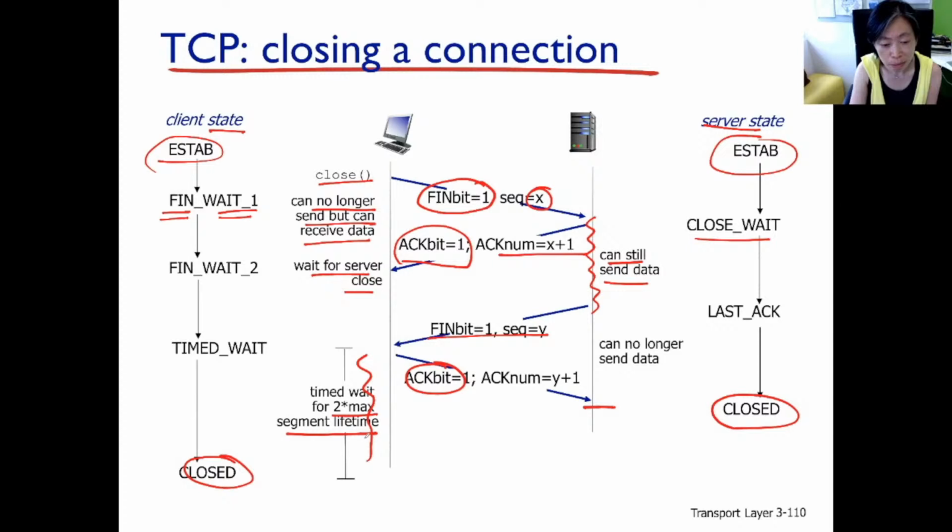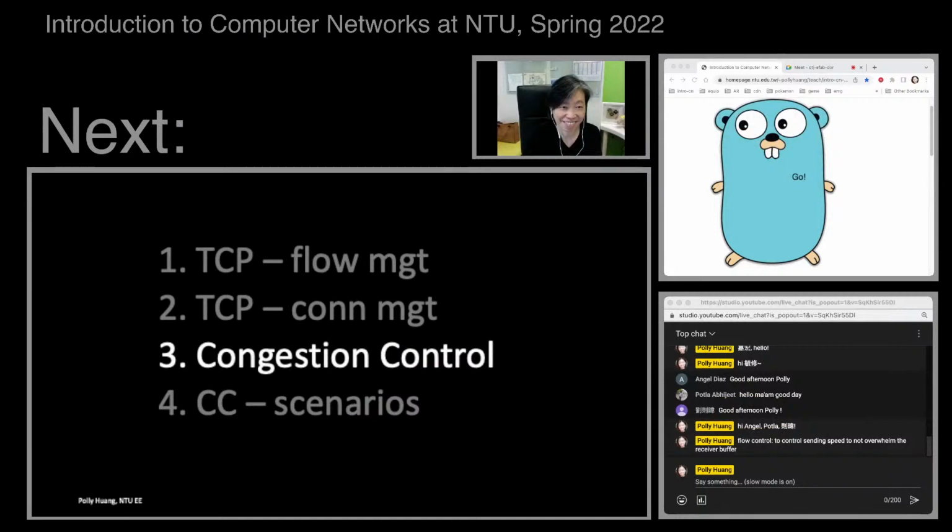And this maximum segment lifetime is usually 60 seconds long. Can you guess why? Why the client needs to stay so long until it can really close the connection? Those who figure out why and provide an answer in the Ask Us Anything get extra credit.